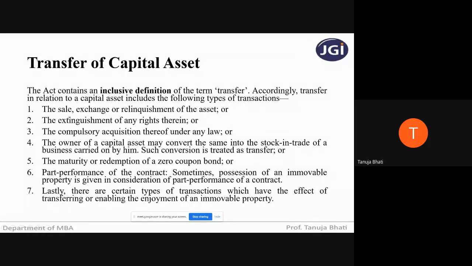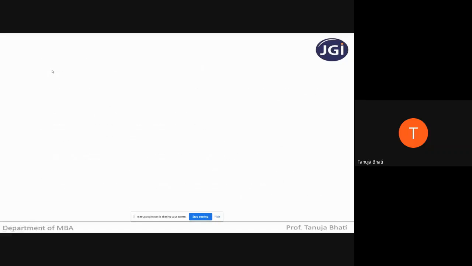It does not include only sale, it can include exchange, relinquishment, extinguishment, compulsory acquisition, conversion of capital asset into stock in trade, redemption of zero coupon bonds, giving an immovable property for part performance of contract, and giving someone the right to enjoy the benefits of immovable property. That also becomes a transfer of capital asset.